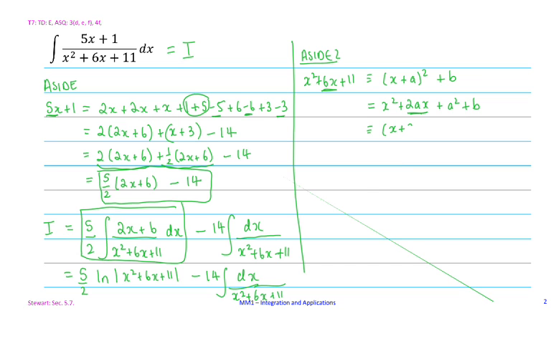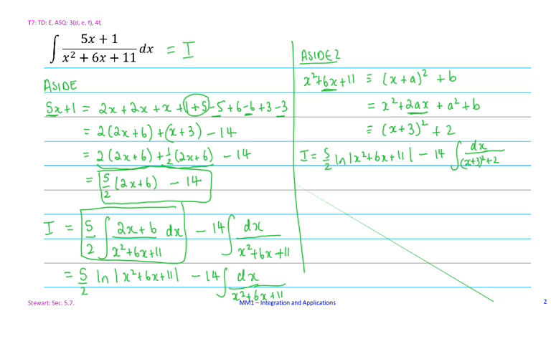So x plus 3 all squared. So a squared is in fact 9, which leaves us with 2. So I now is 5 over 2 ln x squared plus 6x plus 11, minus 14 outside of dx over x plus 3 all squared plus 2.